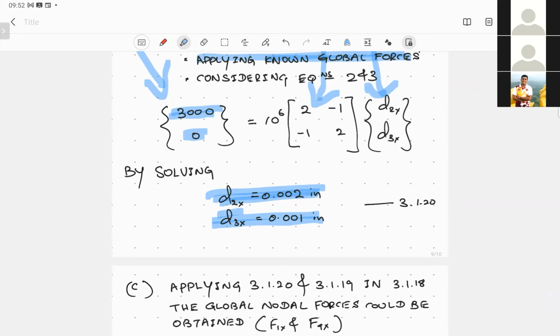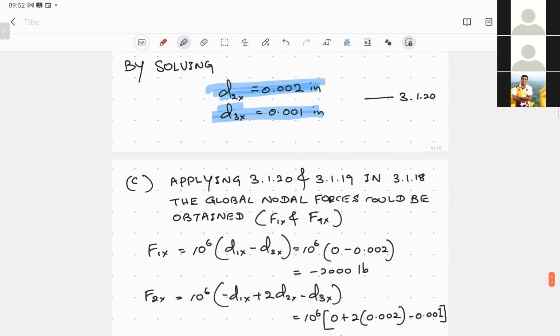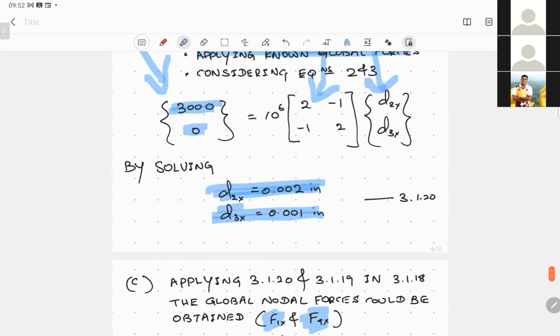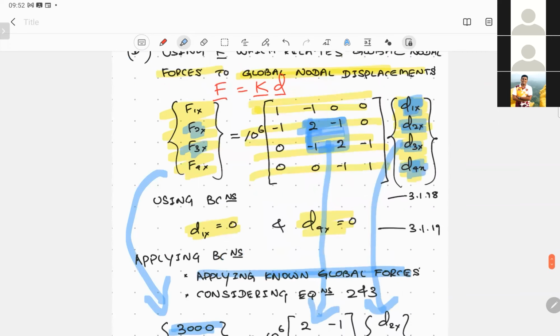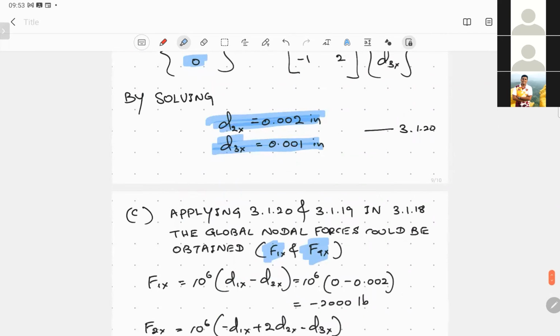Once we have the global displacements at node number 2 and 3, we can simply back substitute them and try to obtain the reaction forces at node number 1 and node number 4. So again, using this matrix, you can use this first column and the last column. Of course, some components would be 0, but you know the displacements d2x and d3x.